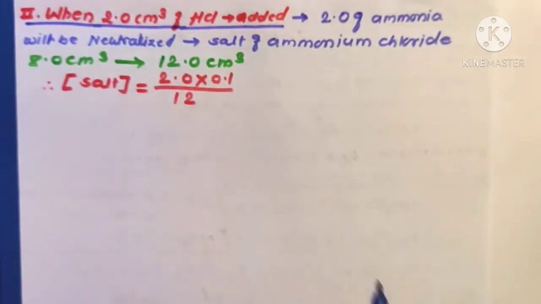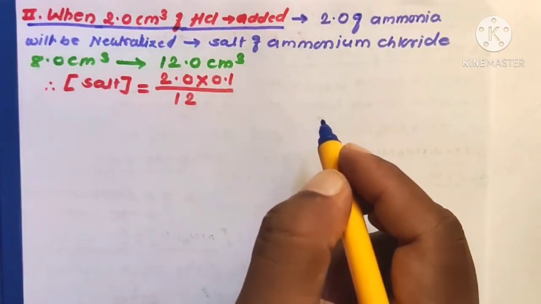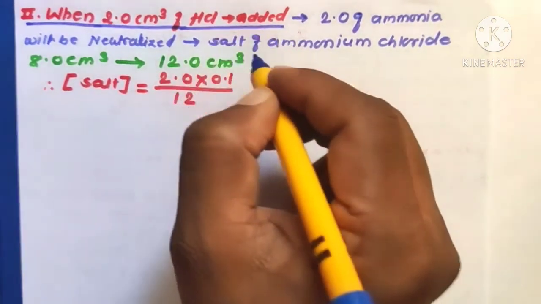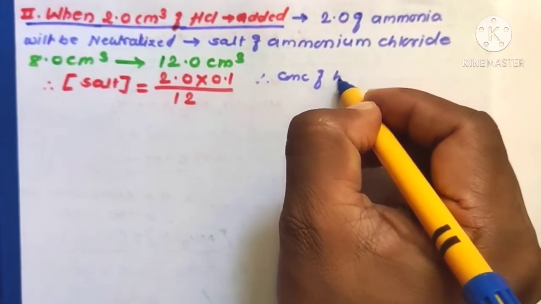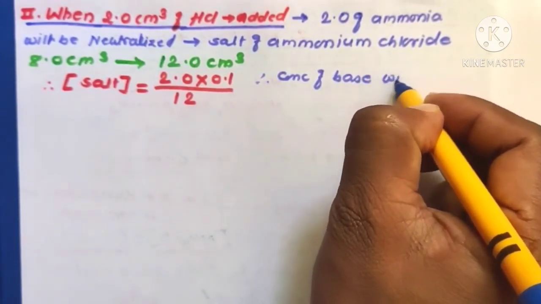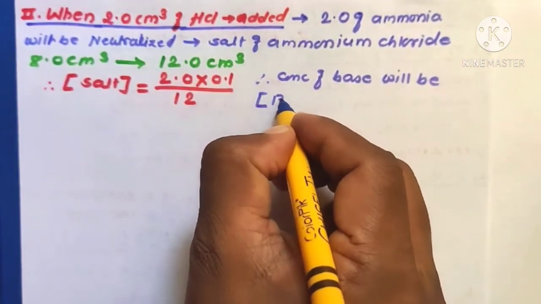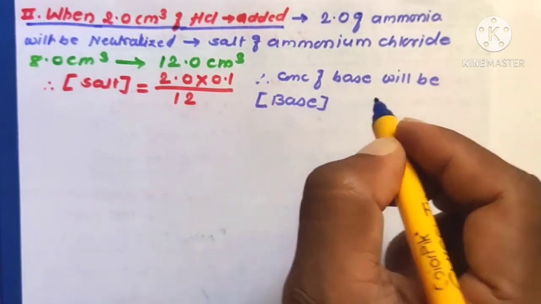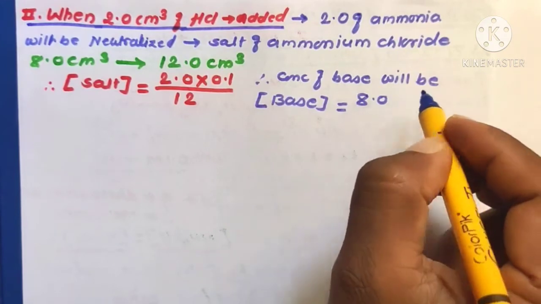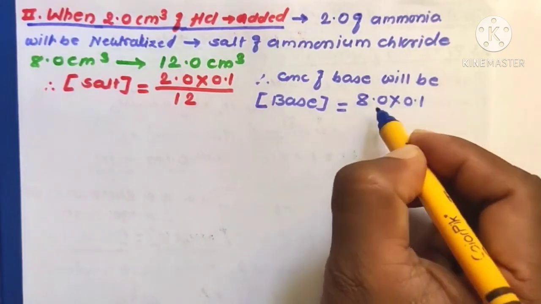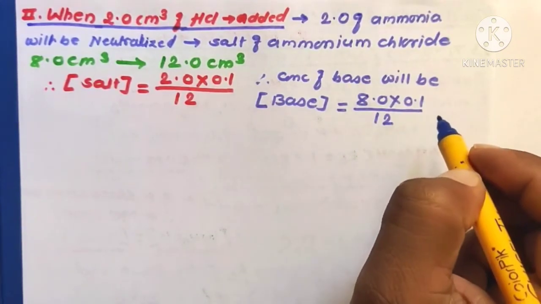The concentration of base ammonia will be 8.0 into 0.1 molar solution of base, and the total volume will be 12.